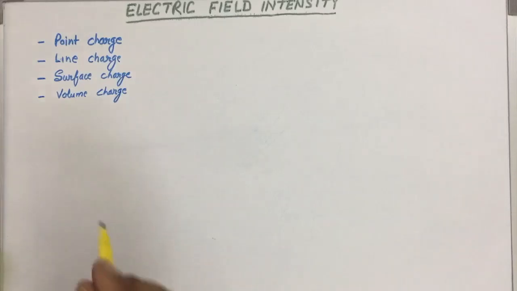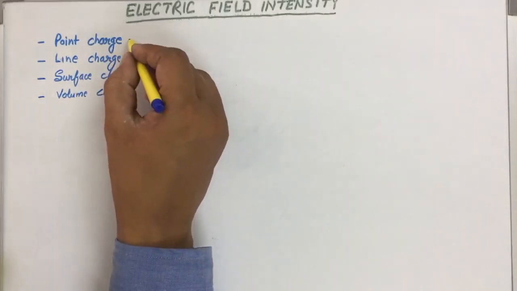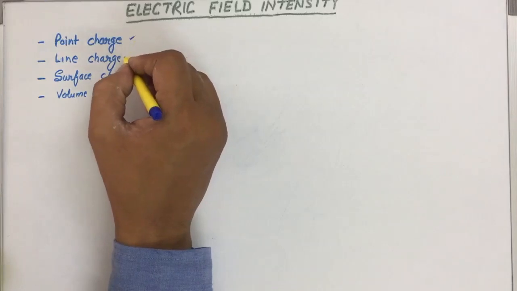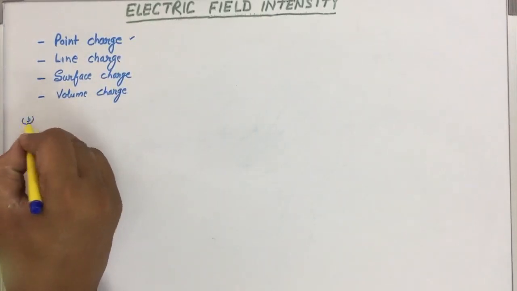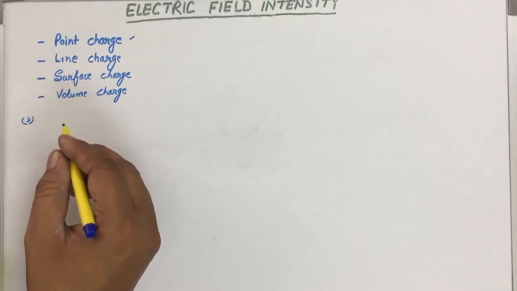So due to point charge, the electric field intensity we have already discussed. Now we will discuss the field intensity due to the line charge. So let us start.